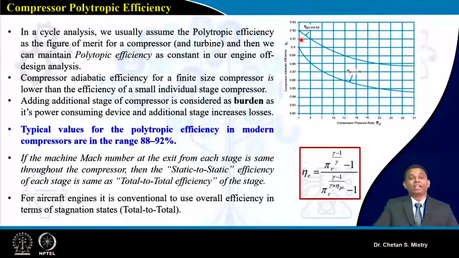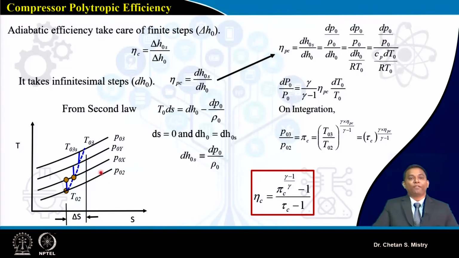So what does it indicate? If I divide my compression process into more compressor stages, the temperature rise per stage is small, and that gives me a very high temperature ratio and higher efficiency.